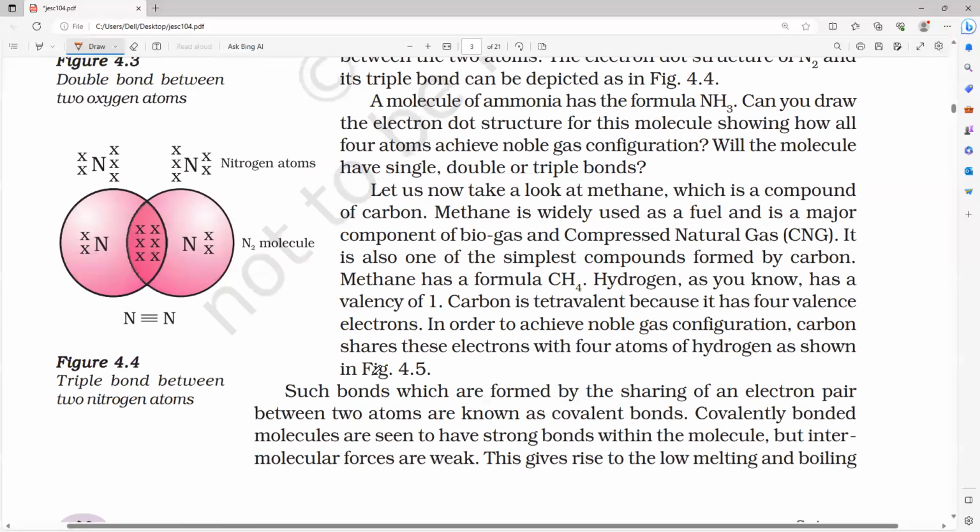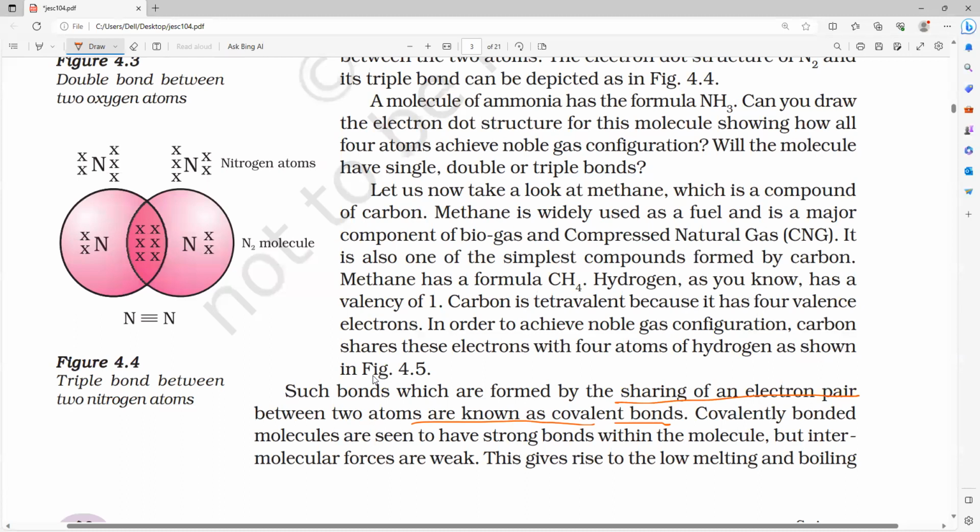You should remember it. The bonds formed by sharing of electrons are called covalent bonds. Covalent bonds are of 3 types: single bond, double bond, and triple bond. Tomorrow I will ask you the properties of covalent bonds. You all should learn.